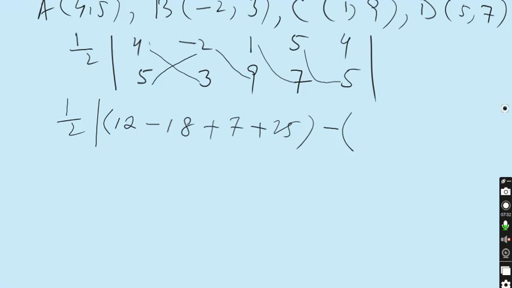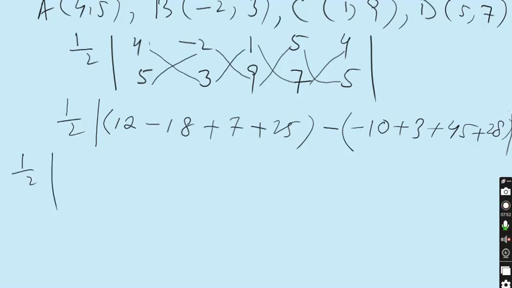Multiply 5 into minus 2, 3 into 1, 9 into 5, 7 into 4. 5 into minus 2 is minus 10, 3 times 1 is 3, 9 times 5 is 45, 7 times 4 is 28. So 1 upon 2, 12 minus 18 plus 7 plus 25 is 26.